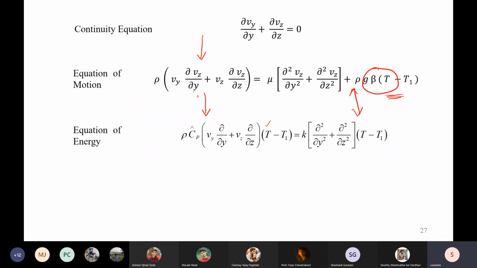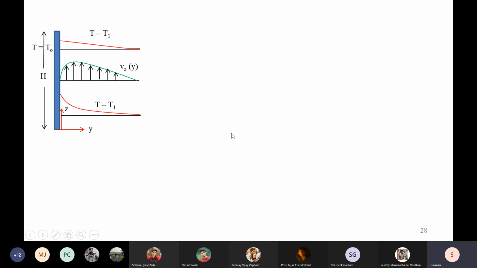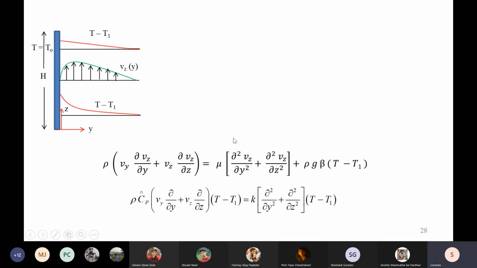Any question about the both-way coupling? Okay, please feel free to ask me questions if you have, and I will try to explain.